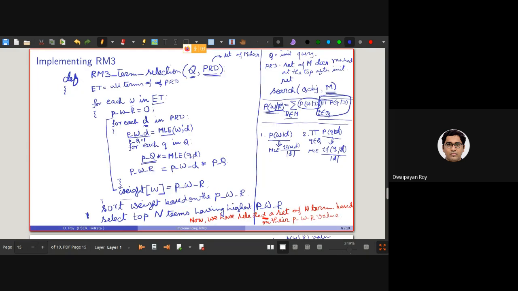Note that M is not passed as a parameter because PRD is basically a set of M documents. After performing the search, I am implicitly just selecting the top M documents here. And from that, we are also selecting the top N terms, which is a parameter here.